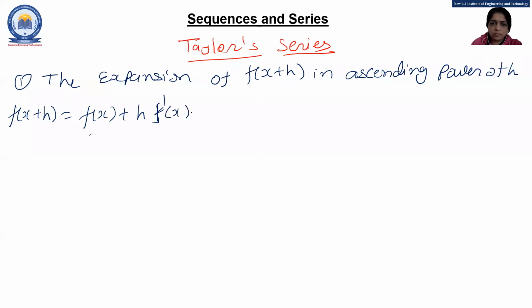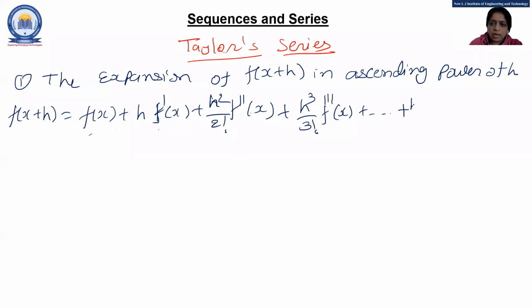Plus h square by 2 factorial f double dash x, plus h cube by 3 factorial f triple dash x, plus so on, up to h raised to n upon n factorial, the nth derivative of this function f of x, plus up to infinity. So this formula is known as the Taylor series expansion, in particular in the ascending power of h.